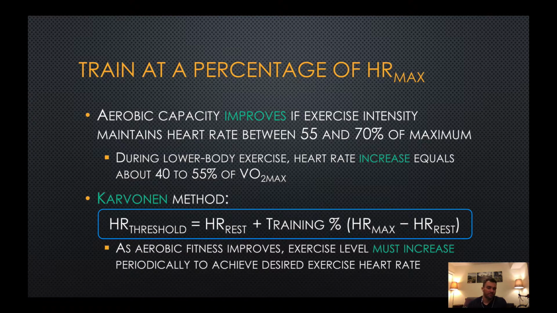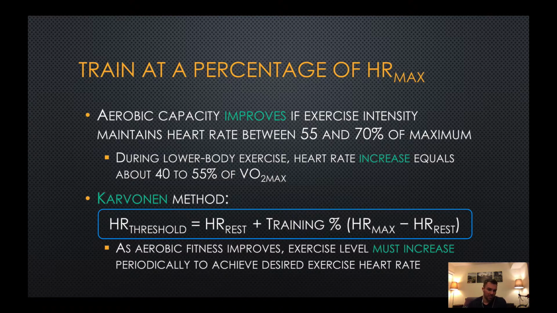So let's say the age-predicted max heart rate is 200, minus our heart rate rest, it's 60, so it'd be 140. You would times that by whatever percentages, so it'd be 140 times 0.55, and then 140 times 0.7, and then each one you would add that resting heart rate back in.